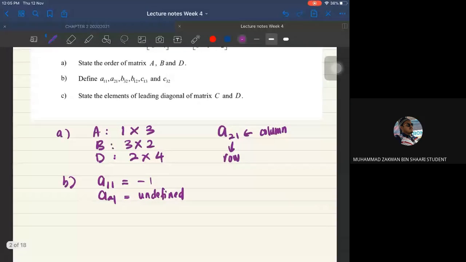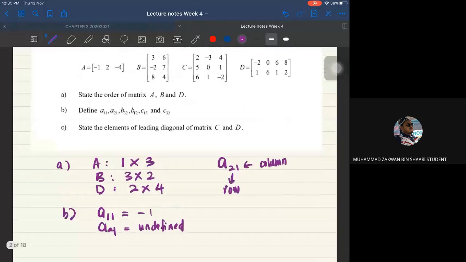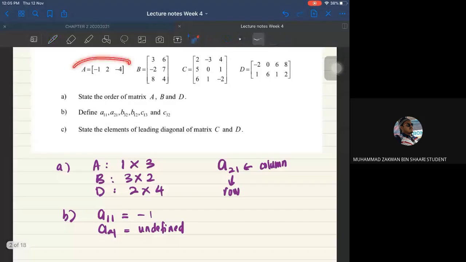Okay. So kenapa tak wujud A21? Because the matrix A is defined by 1 times 3, the size of the matrix. So dia hanya ada 1 row sahaja. Sedangkan yang minta oleh awak ni second row. So tak wujud lah. Okay.